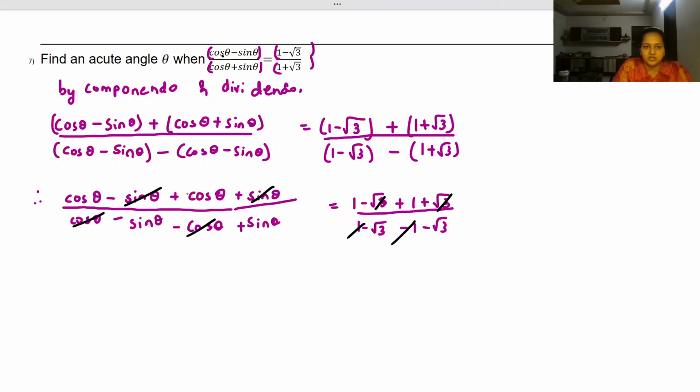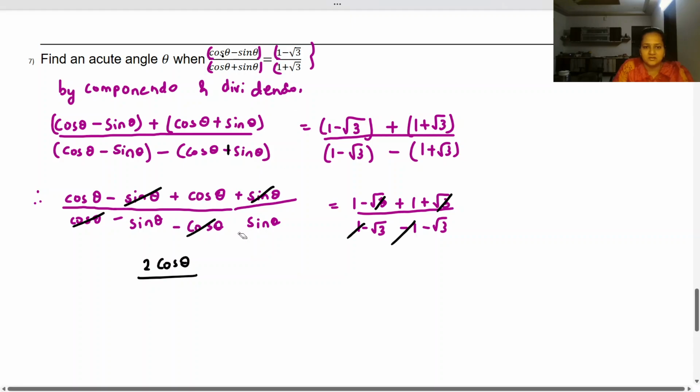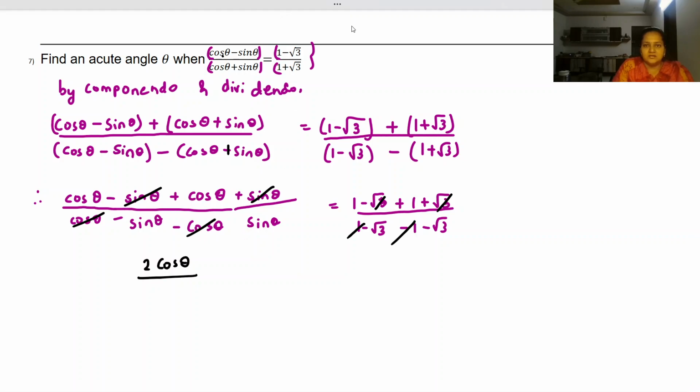So what are we left with? Cos plus cos is 2 cos theta upon minus sign. Here I made a mistake. See, this had to be plus. So this sign is minus over here. So it becomes what?